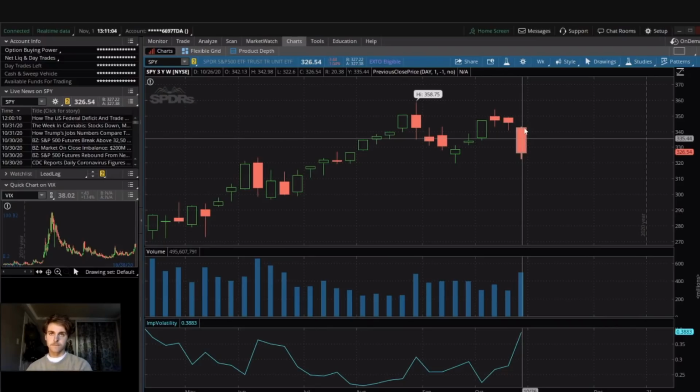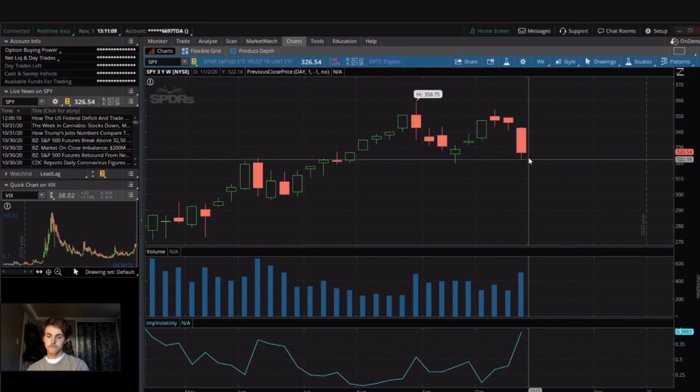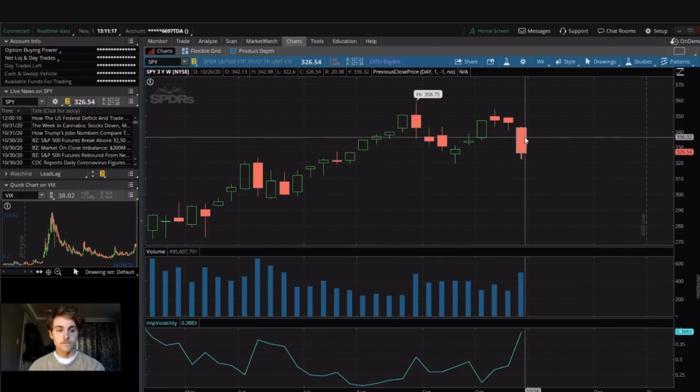Now, the range is going to be the entire distance that the candle traveled. Your open is obviously going to be where the candle started, and then your close is going to be here. As you can see, the SPY dropped pretty good this week.